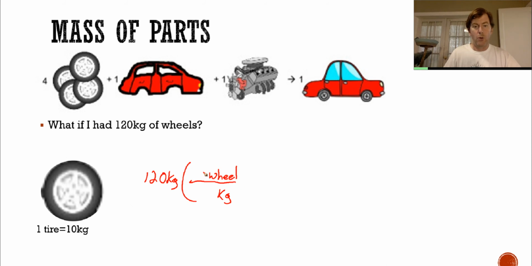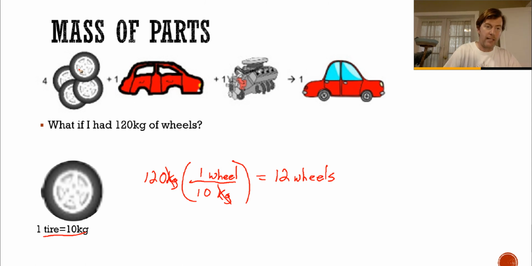So 1 wheel is 10 kilograms. That's what this equivalence is telling me. I see my units crossing off here, and 120 times 1, divided by 10, is 12. So I know I have 12 wheels I could deal with.